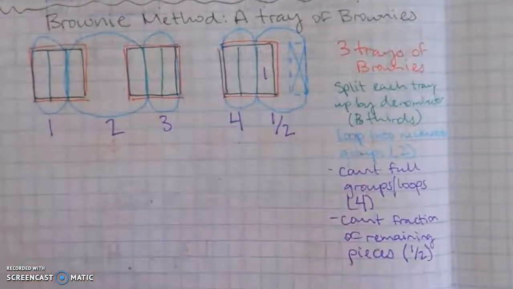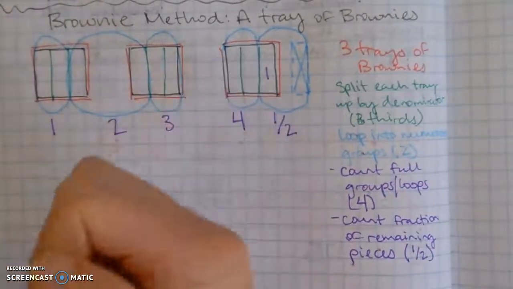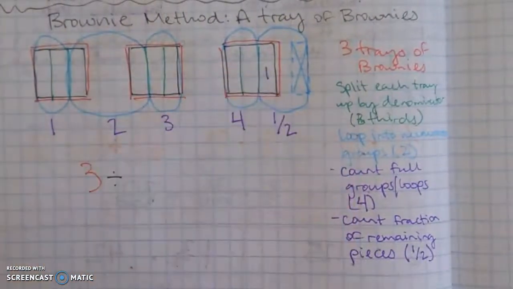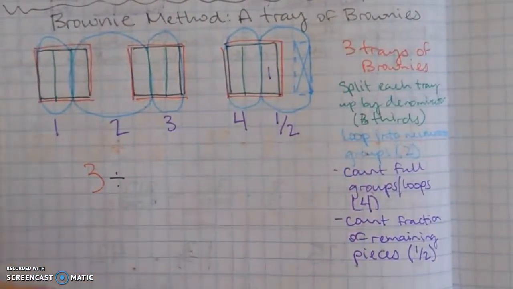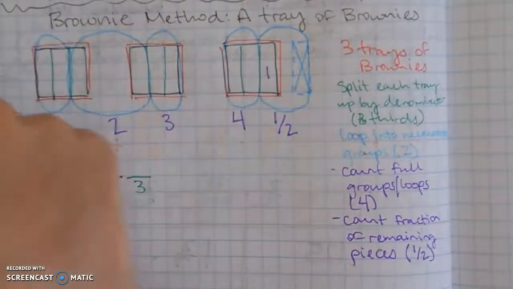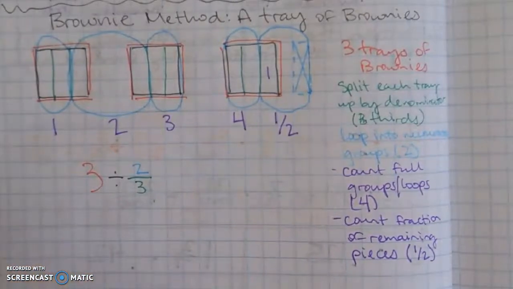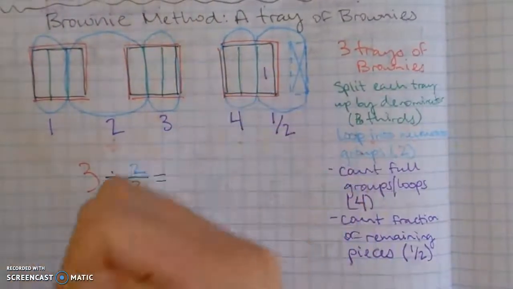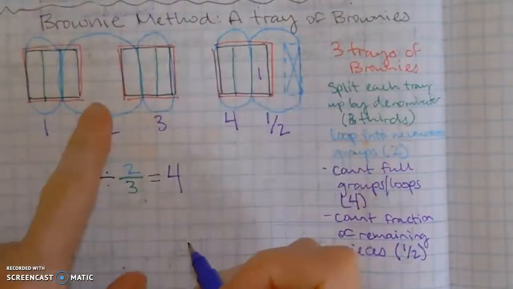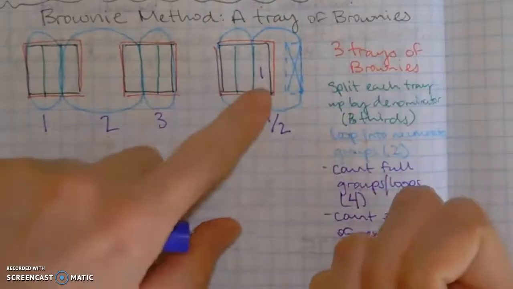So if I write out my new problem here, let's see if I can color code this real neat. 3 divided by, we had thirds and we had 2/3 we were splitting it into, and I ended up with 4 whole sets of 2/3, and then I ended up with 1/2 of a set.